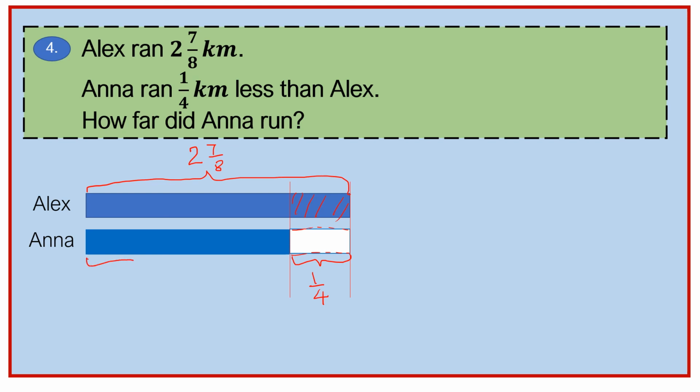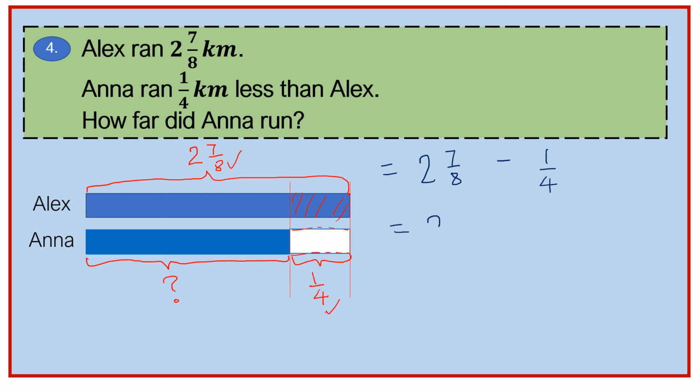We need to know from here up to here. So we simply get this one minus this one. So we will get 2 and 7 out of 8 minus 1 out of 4.